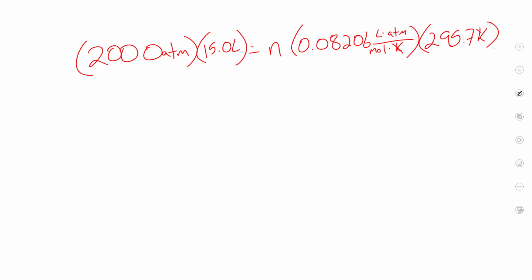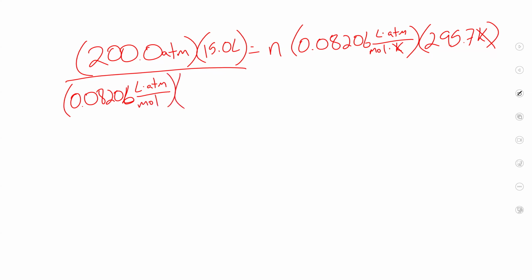So Kelvin's going to cancel Kelvin right away. That's going to help things out. We're going to divide both sides by 0.08206 liters ATM per mole now. Cancel out the Kelvin on the 295, but we're still going to divide by it.